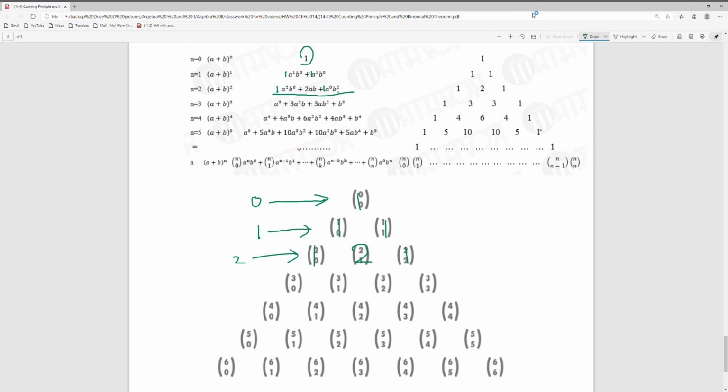For the third degree, you have 1 and 1, and the middle is 3. For the fourth degree, 1 and 1, and then 4, 6, 4. That's the combination, and keep going.